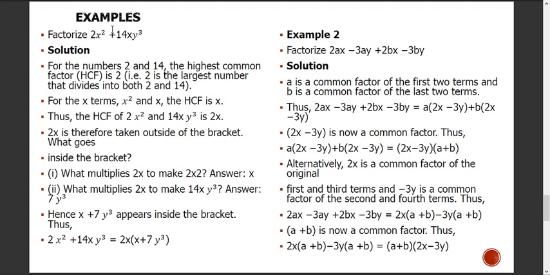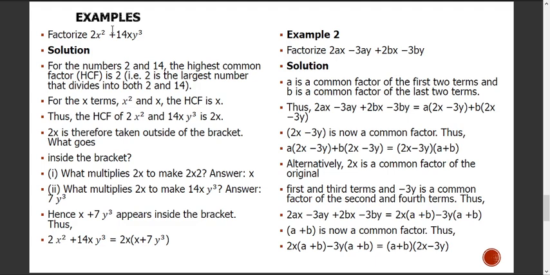The other example is 2ax minus 3ay plus 2bx minus 3by. When you have an expression of more than 3 terms, we can break the terms into two by looking at like terms. If we consider the first bit, 2ax minus 3ay, what is common in both? We have an a.